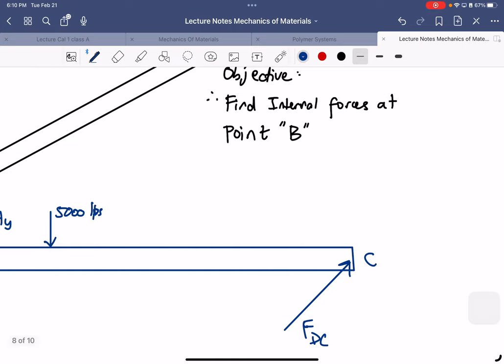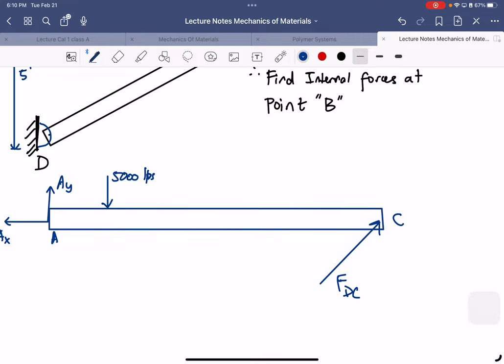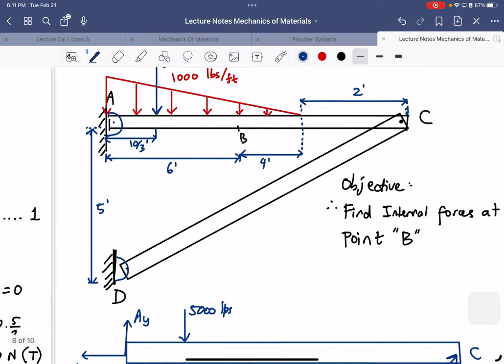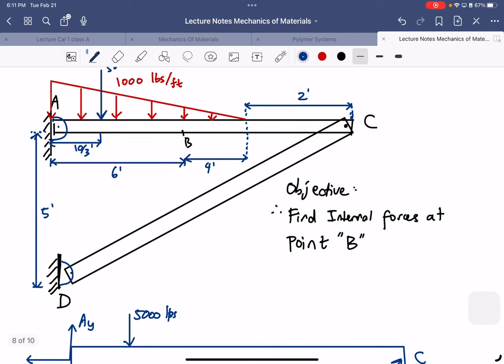Whenever you see a diagonal force, you can break this force into two components, right? It means you need to know the angle. To know the angle, use the big triangle: 5 and 10 plus 2, 12. So 12 and 5, this should be 13. So 13, 12, 5, also a good triangle, if you remember trigonometry.